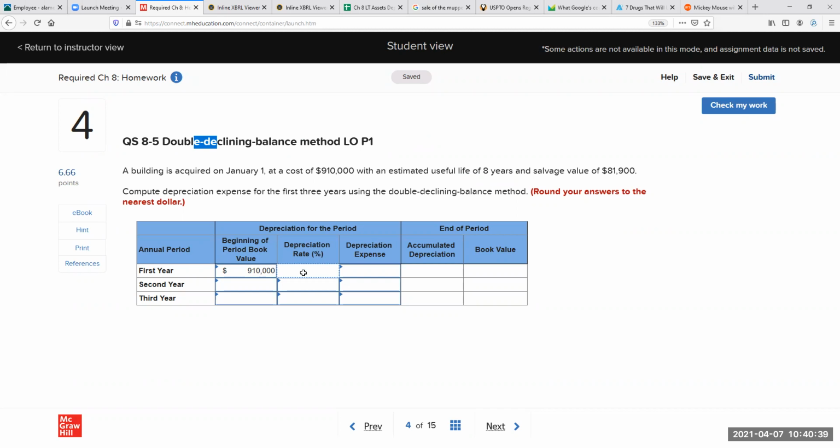So now we've got to go through an example. In this case, it's going to be 2/8. So 1/8, and then 2 divided by 8 is 0.25. Depreciation rate, 25%. So depreciation expense is 25% times that 910,000. You notice you did not use the salvage.